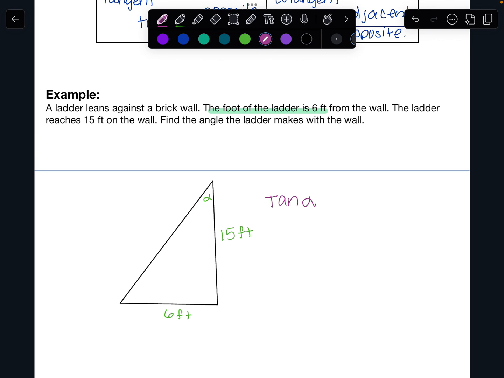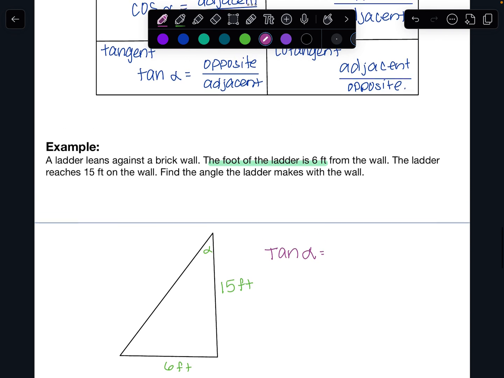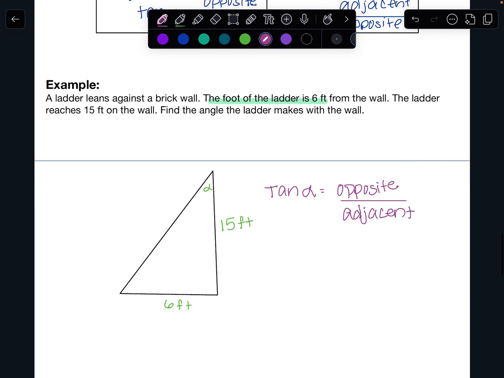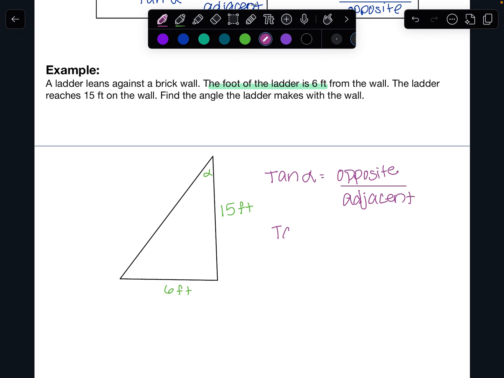Tangent of alpha is going to equal the opposite over the adjacent. The tangent of alpha equals 6 over 15, which comes out to be 0.4.